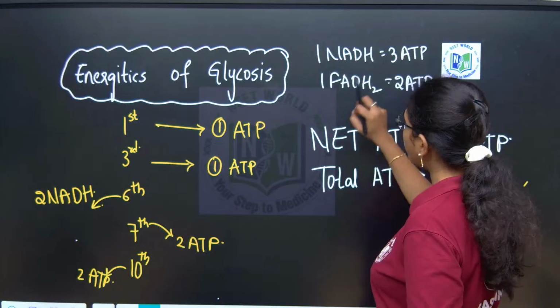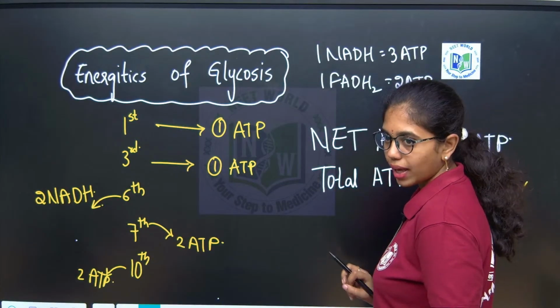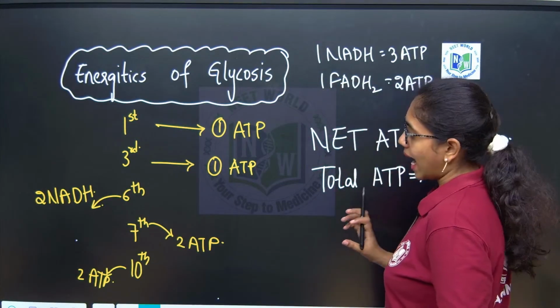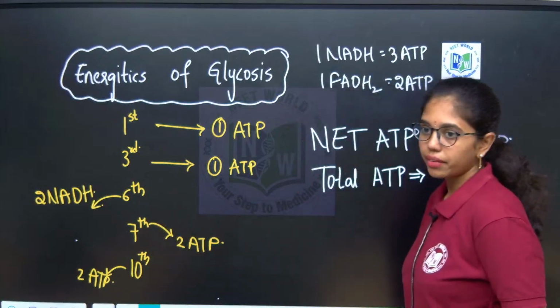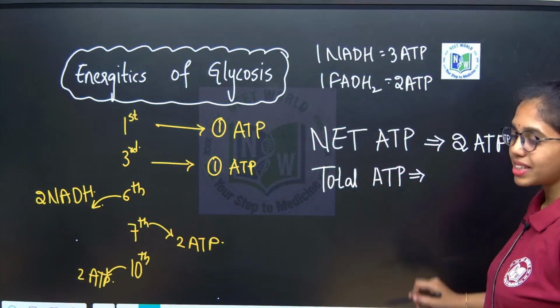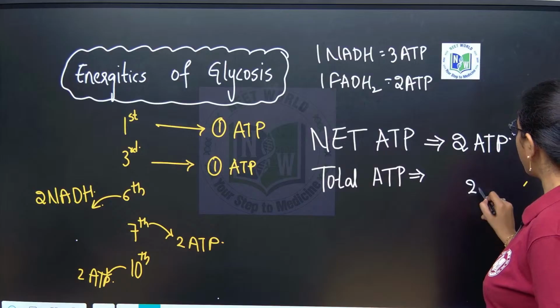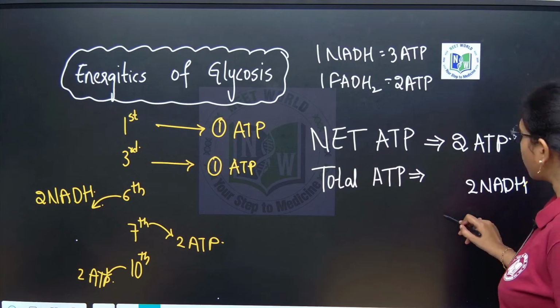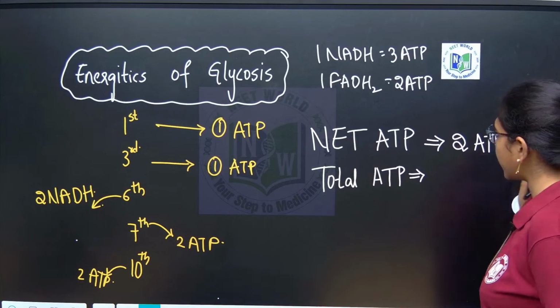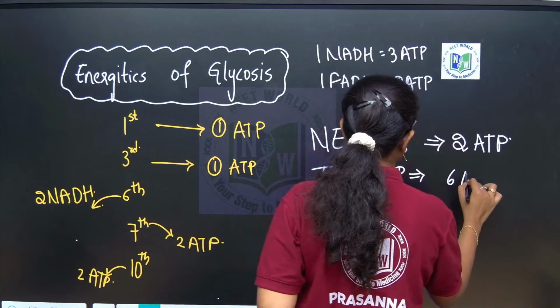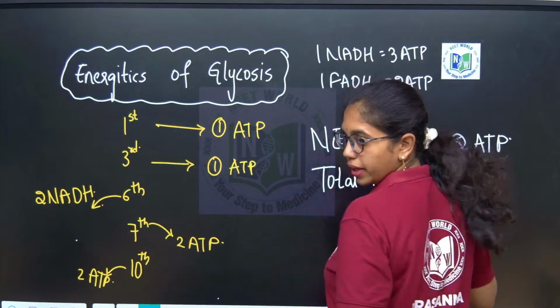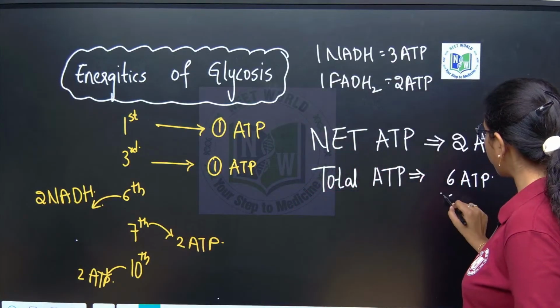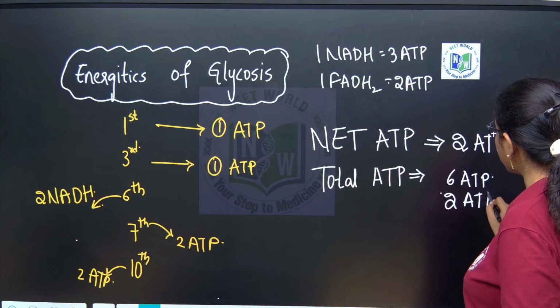Accurately though, this is 2.5, this is 1.5, but as of now you remember like this. As such, if 2 NADH are released into the cytoplasm, how much ATP is it? 2 NADH means, very good, it is 6 ATP. Plus this 2 ATP, right? 2 are the net ATP. Total ATP is how much?